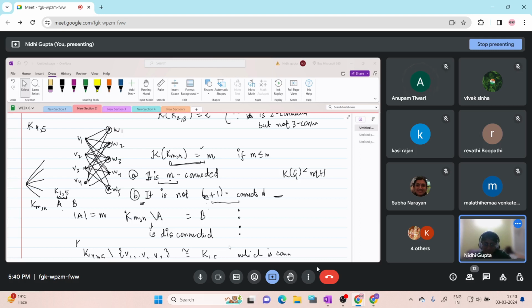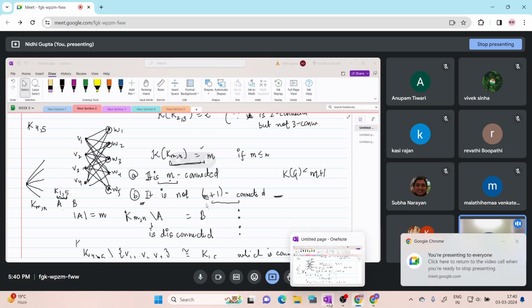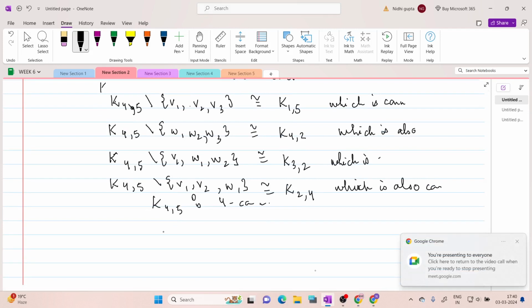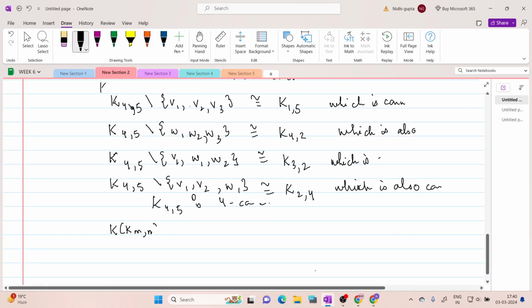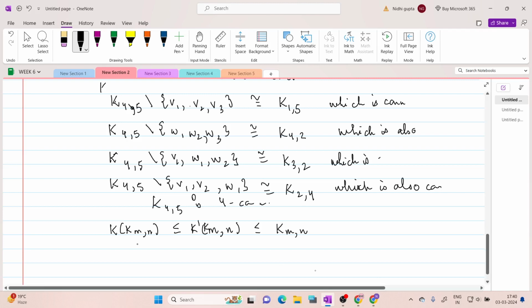Okay. So now we have found the vertex connectivity. What about the edge connectivity? Can we again use that inequality? For KMN, vertex connectivity is less than or equal to edge connectivity is less than or equal to minimum degree. So vertex connectivity is coming out to be M. What is the minimum degree of KMN?